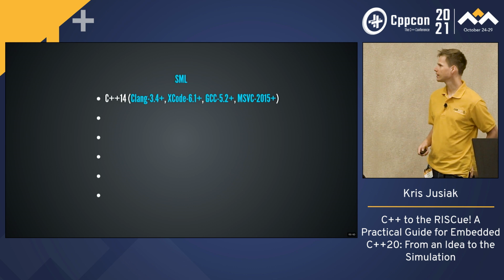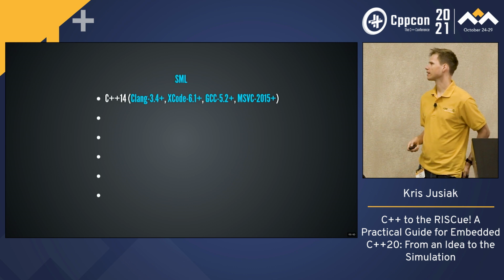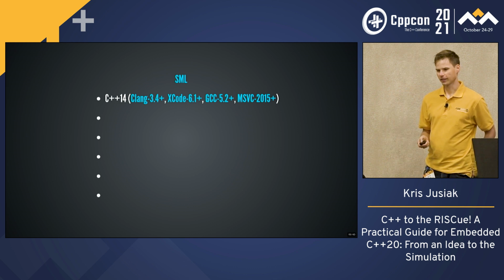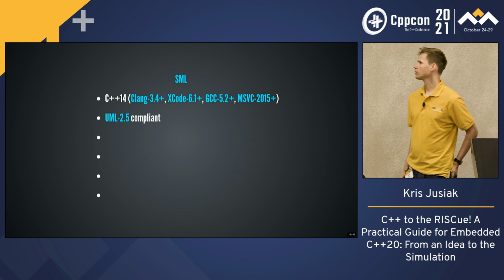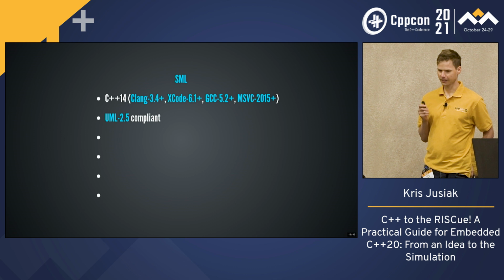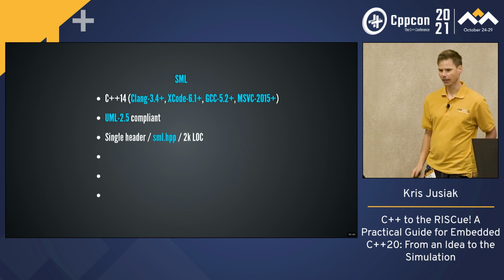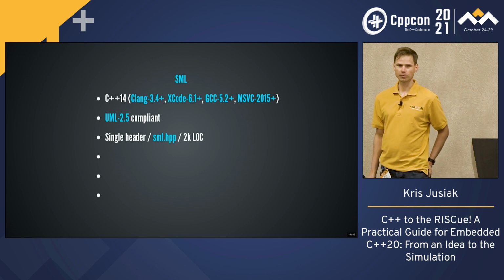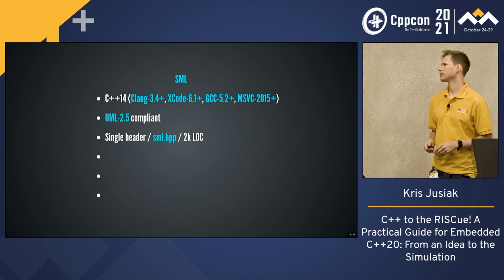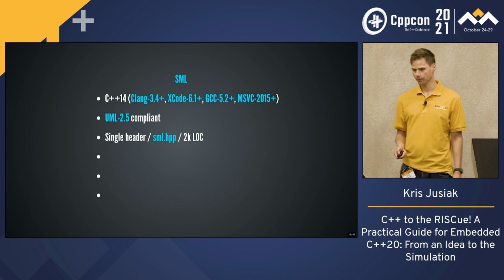It's C++14. It's supported by all compilers, including Circle, if you've been on the talk. It's UML 2.5 compliant, meaning I read the standard, and I actually implemented it to the best of my knowledge. It's a single header, which is important for Compiler Explorer when I included it. It's 2,000 lines of code, so there's not much.